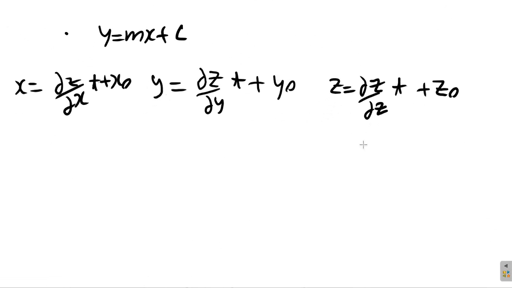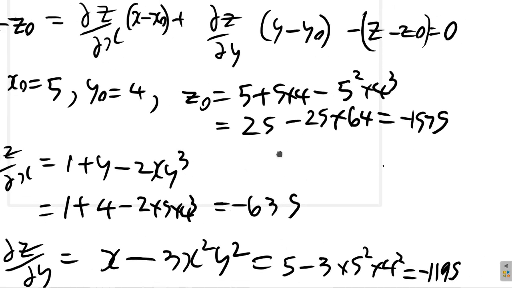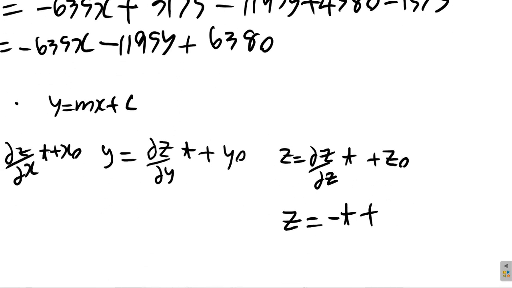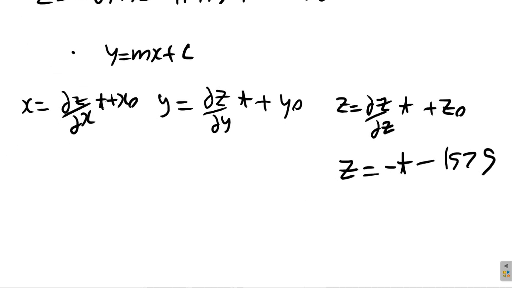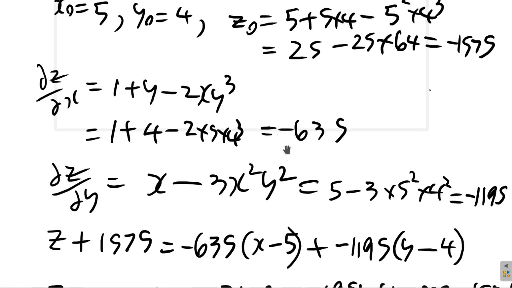So we see that we could deal with this one first. z is equal to negative t plus z naught, again negative 1575. Alright, so we could just say minus 1575. Now y is equal to, and x is equal to, x was what? ∂z/∂x at the point was negative 635.